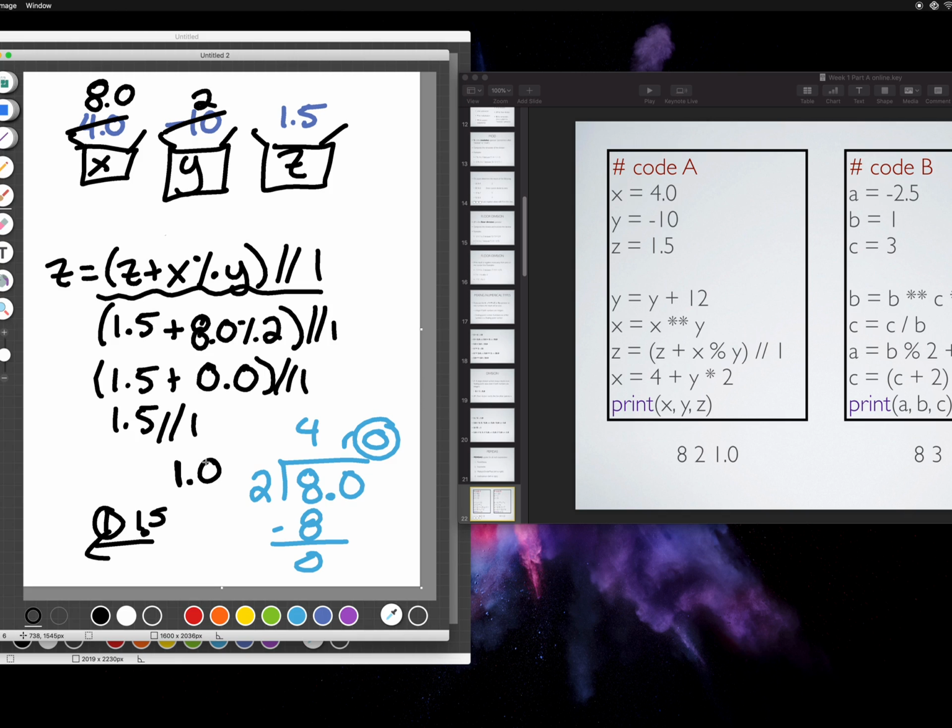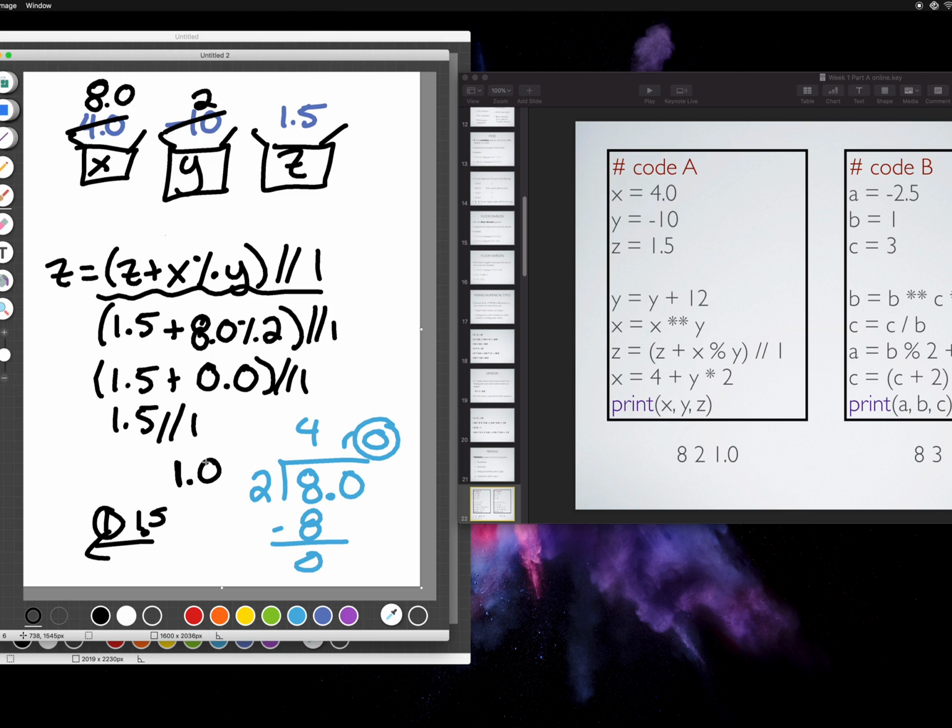Because the whole idea of floor division is we're rounding down to the left, but that's how it works in Python. So since one of these is a floating point value, the whole result of this is going to be a floating point value. So z gets updated to 1.0. Alright, that's this line of code.